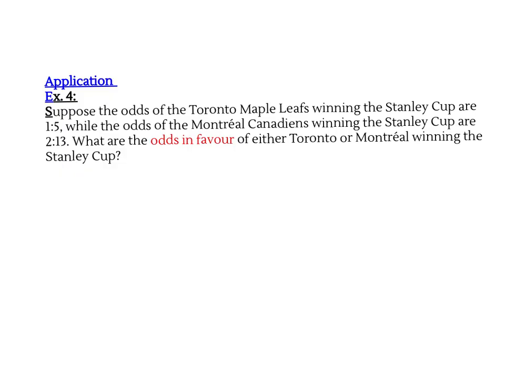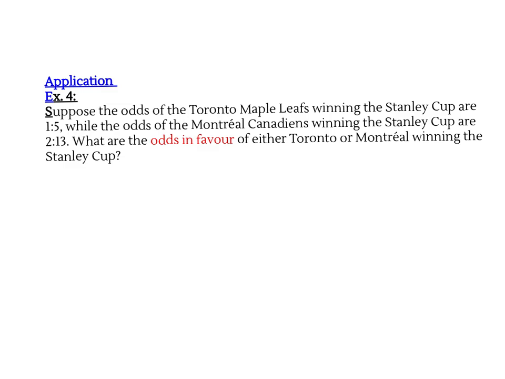And just a point of clarification here. Remember, I got the denominator for Toronto, the probability of Toronto wins, of 1 plus 5, and the denominator for Montreal wins as 2 plus 13. Thinking squirrels again. But we also have to acknowledge that the probability of them both winning is 0 because they cannot both win.